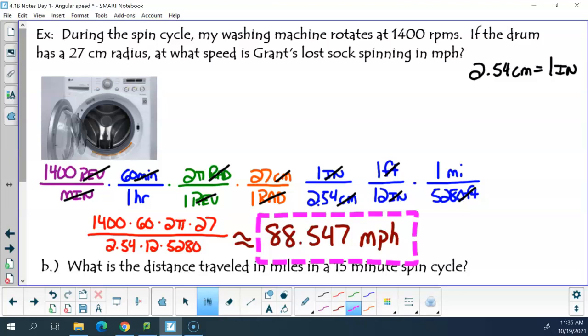How far did it go in a 15-minute spin cycle? Well, in 1 hour it would travel 88.547 miles, correct?